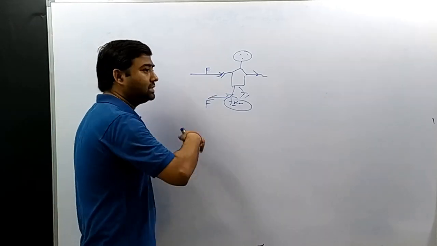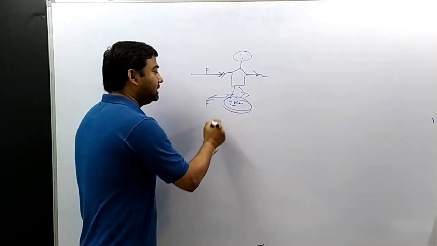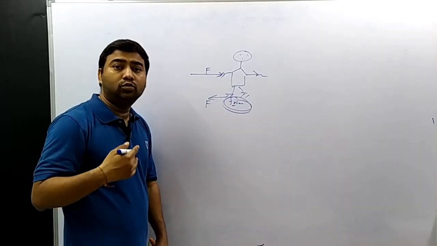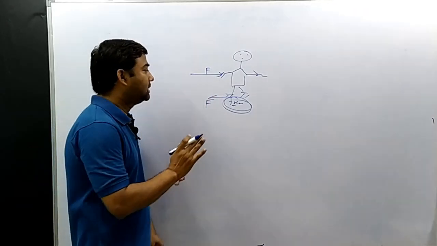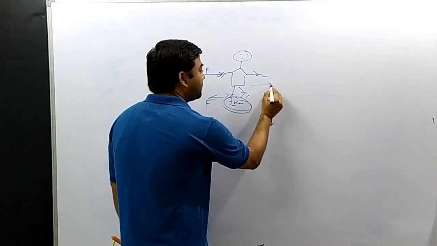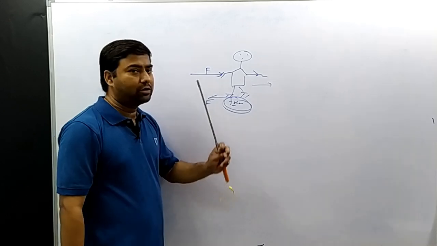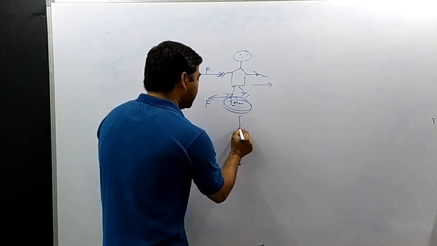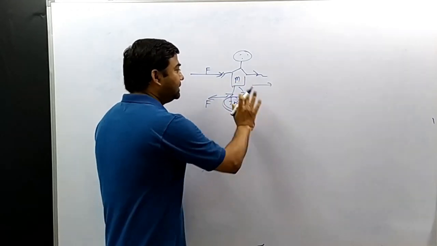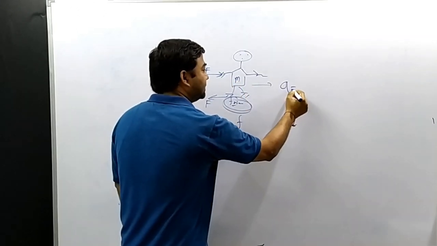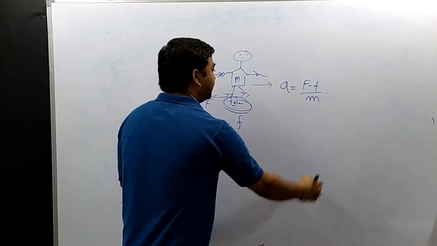Suppose this force is again increased and this friction force is not able to balance or overcome this external force, then this person will start to slip on the ground. If the friction force is small f and the mass of the person is m, then the person will move with acceleration equal to (F minus f) by m.